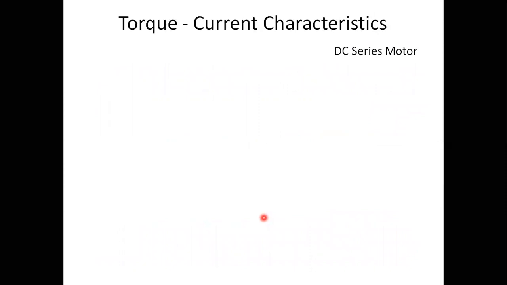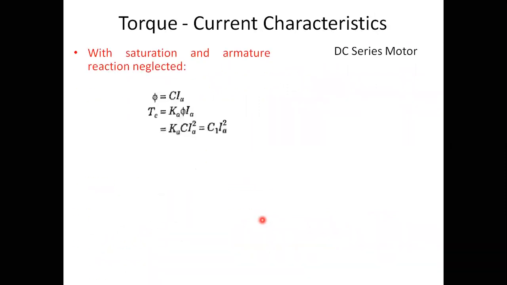Torque current characteristics. With saturation and armature reaction neglected, we know phi is equal to C Ia. That is the equation of flux with armature current Ia in case of a series machine. So the equation of T is given by A into phi into Ia.